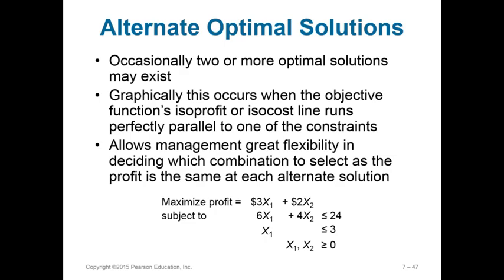And then you also have the possibility of alternate optimal solutions, where two or more possible solutions actually provide the same amount of minimization or optimization.